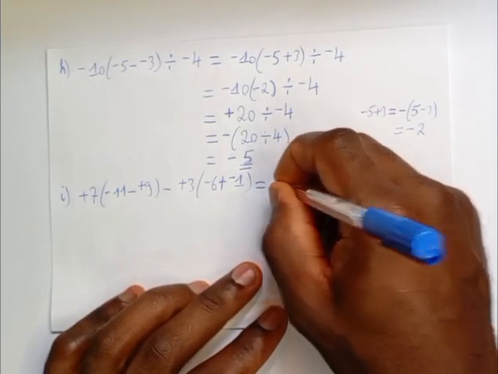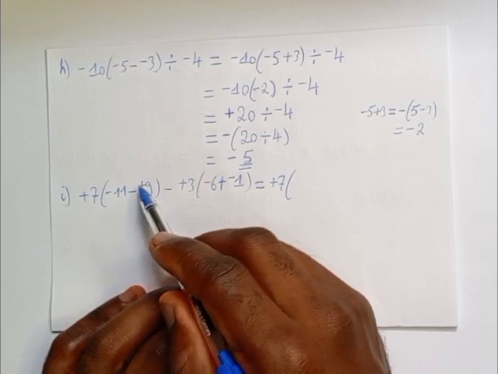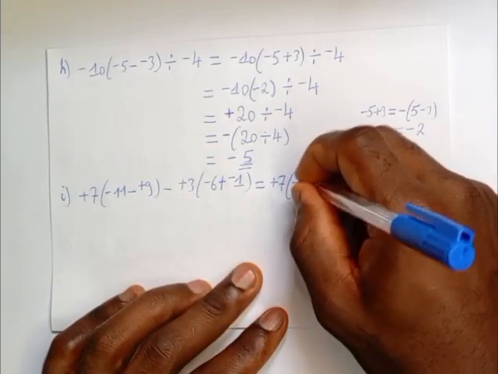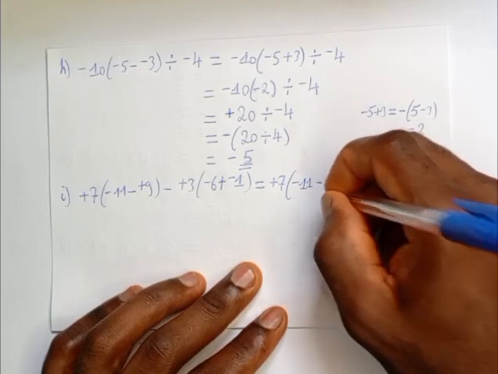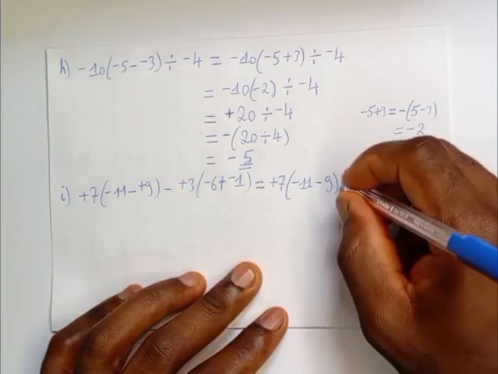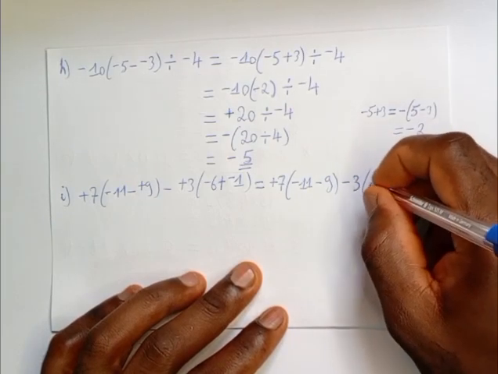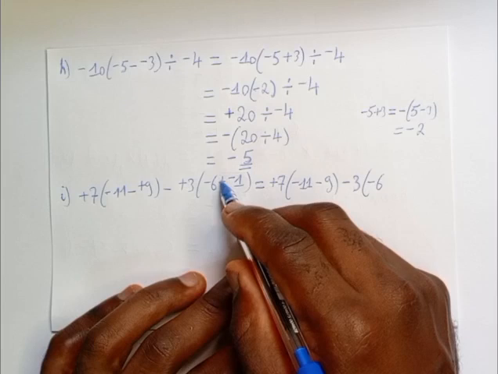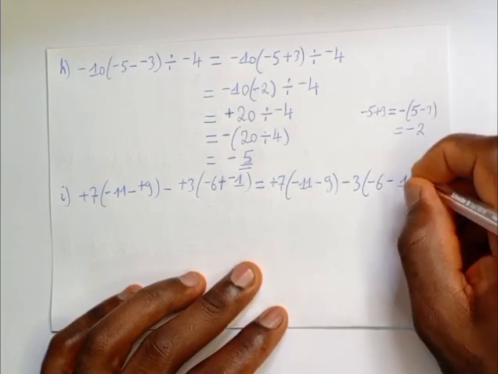Positive 7 times negative 11 minus positive 9 is simply negative 11 minus 9. Negative positive, negative stays, minus 3 times negative 6. Positive negative, negative stays, minus 1.